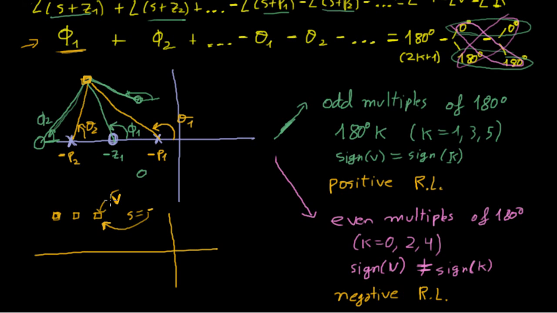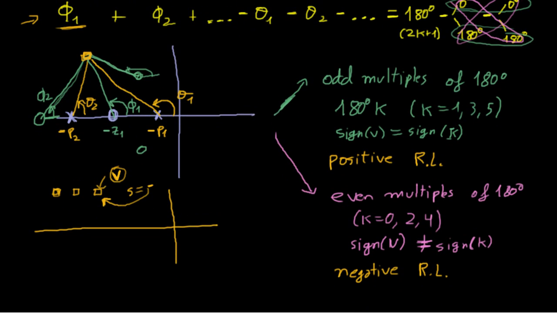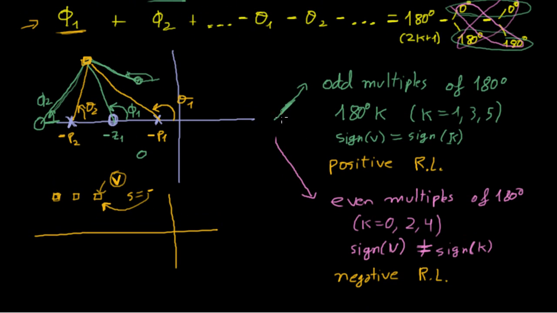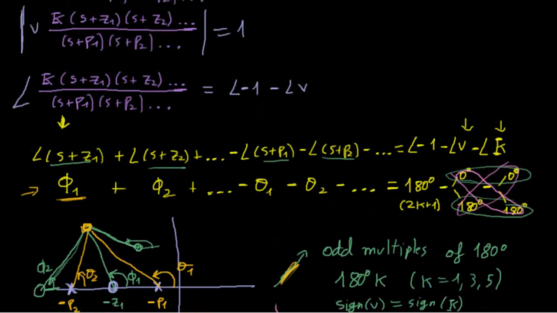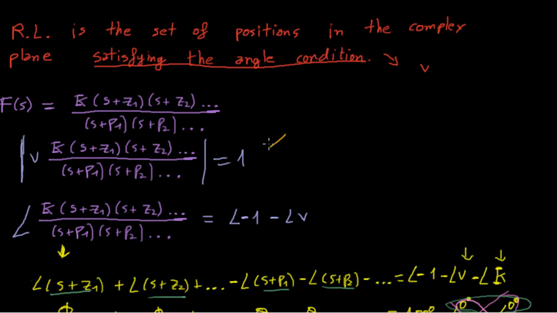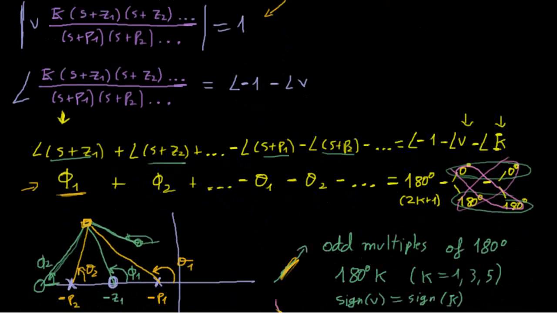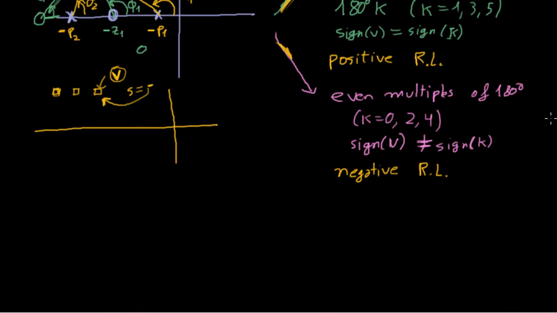But in any case, this v, its sign is given by which of these two cases we are in, and its absolute value can be found directly by applying the magnitude condition.